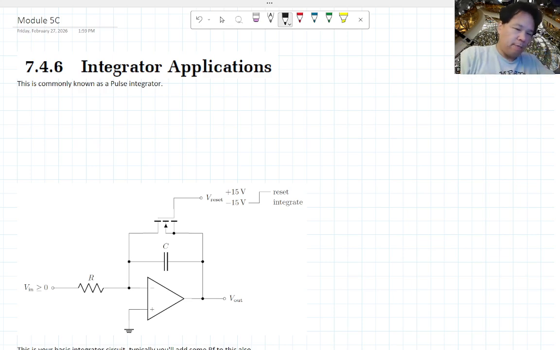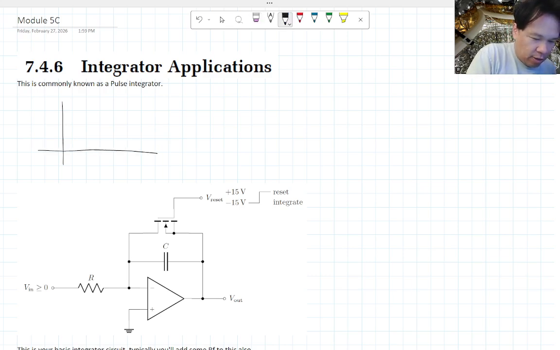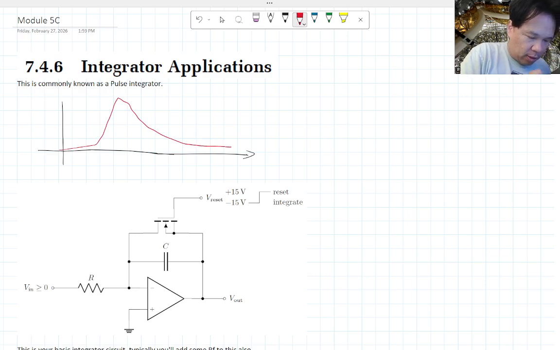So let's draw that. Say you have some signal that's a function of time. Let's draw a straight line, straighter line at least. Then you're waiting for a long time, and the pulse, let's draw that in red, comes out like this and then decays like this.